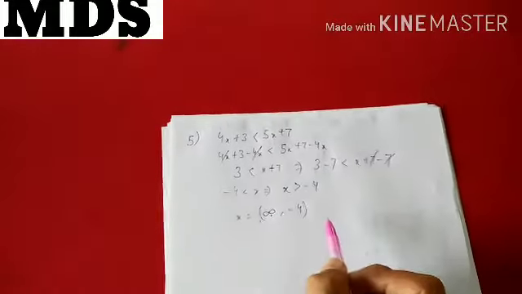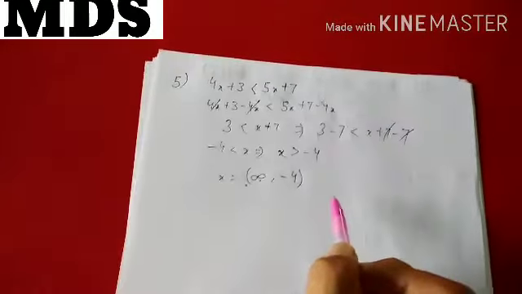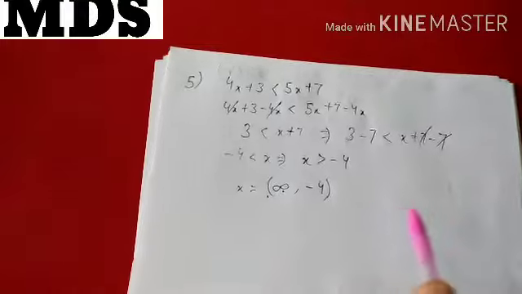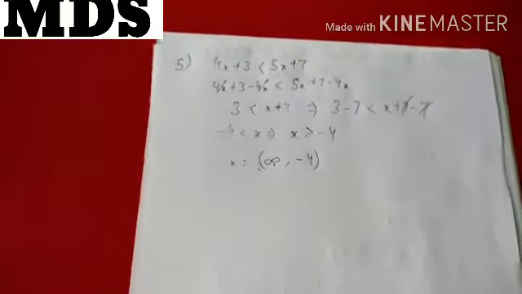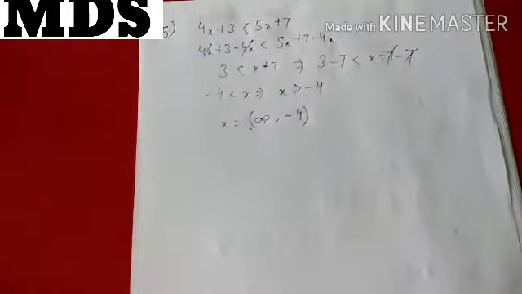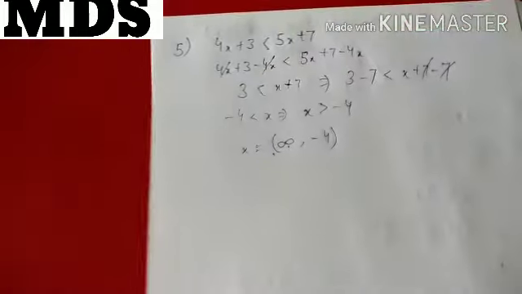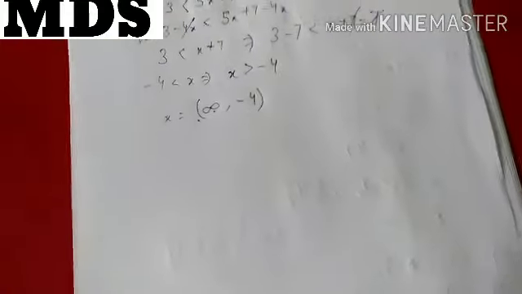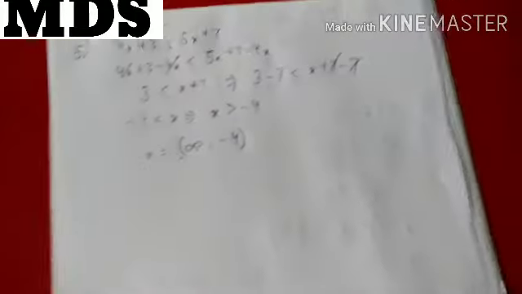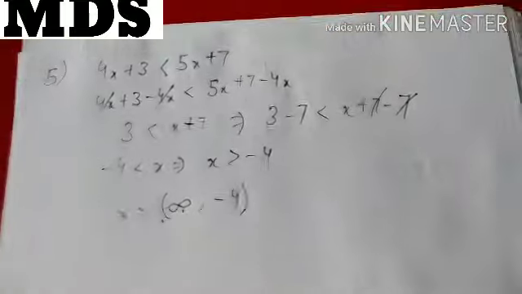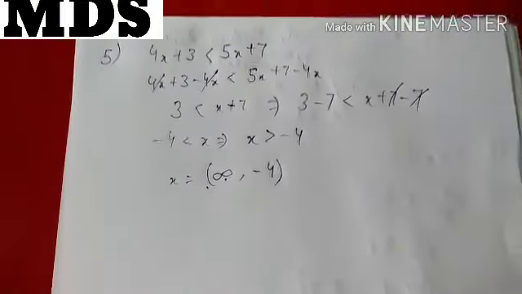And here we are using small bracket because we are not getting the value of x as minus 4. All the values greater than minus 4 we are getting. So this will be our answer. Now question number 7.